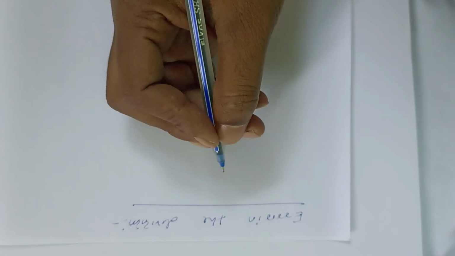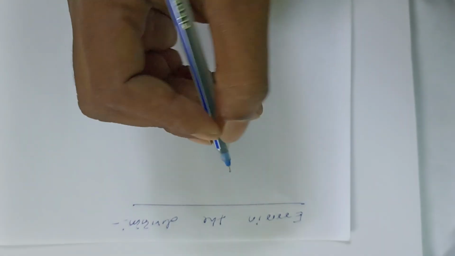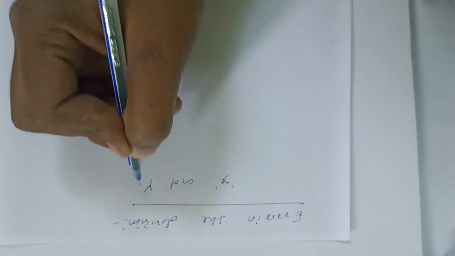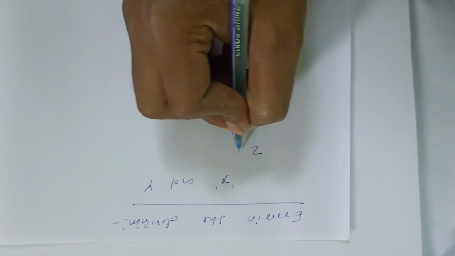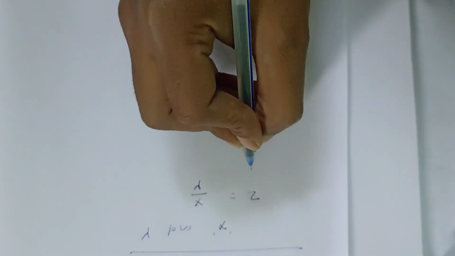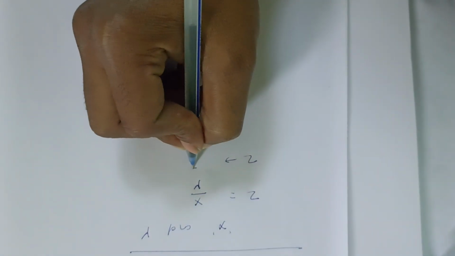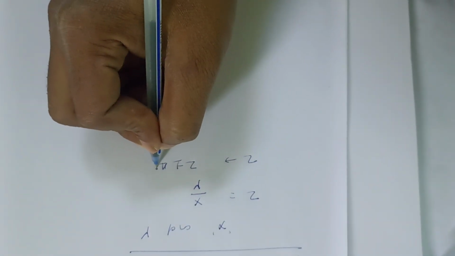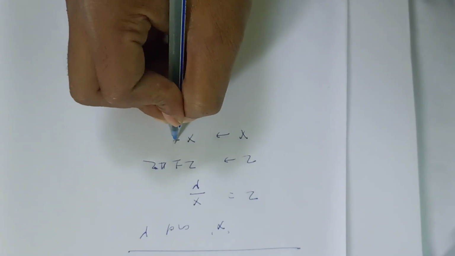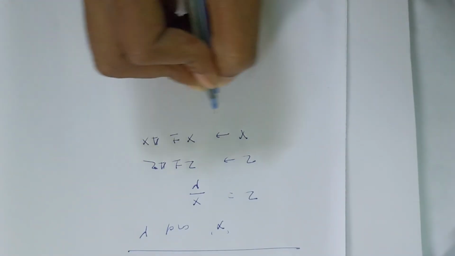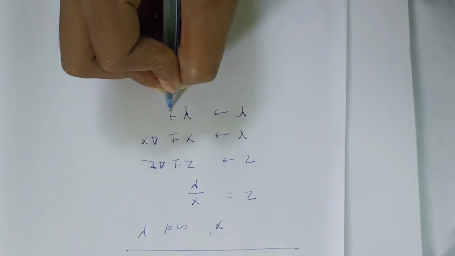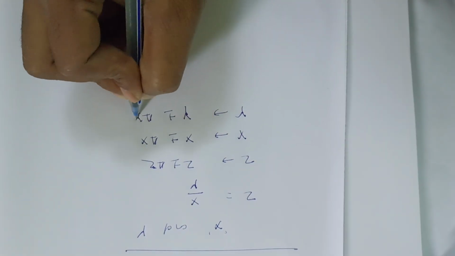Now error in the division. Consider again two quantities x and y, and their division is z equal to x by y. Considering error, z plus minus del z, x plus minus del x, y plus minus del y.